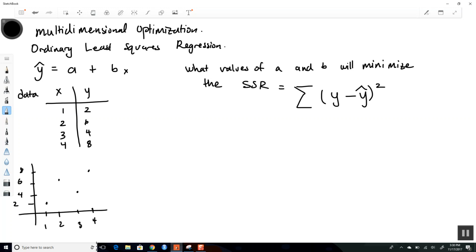So keep in mind, y hat is the quantity a plus bx, right? That's what we have.